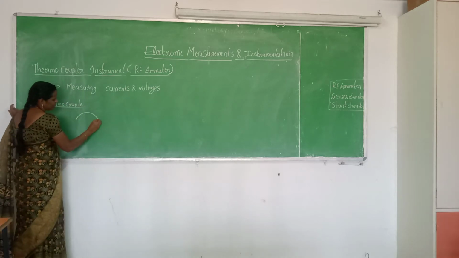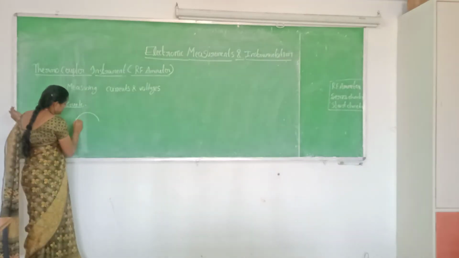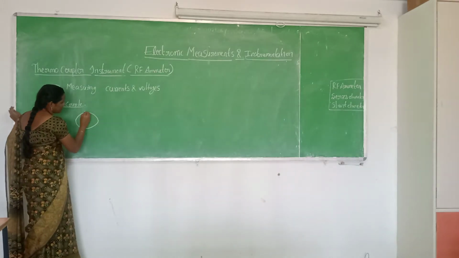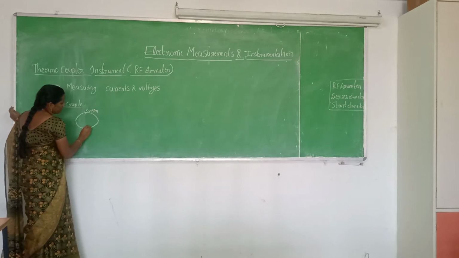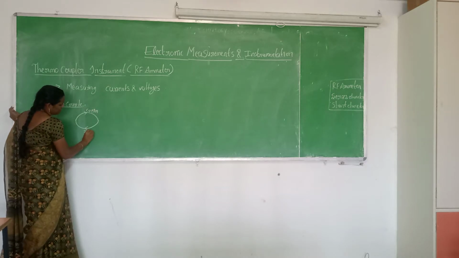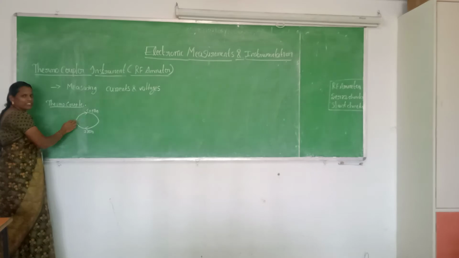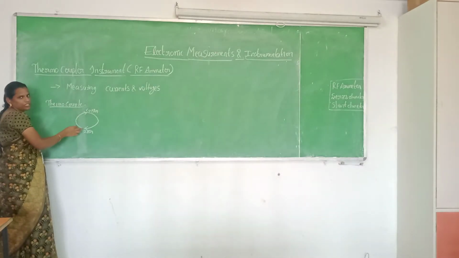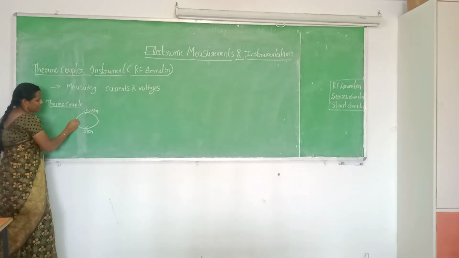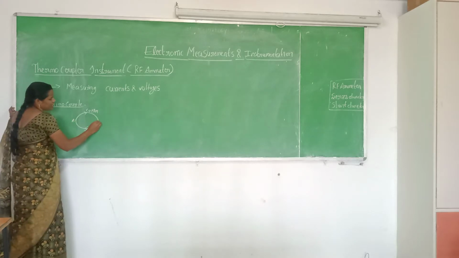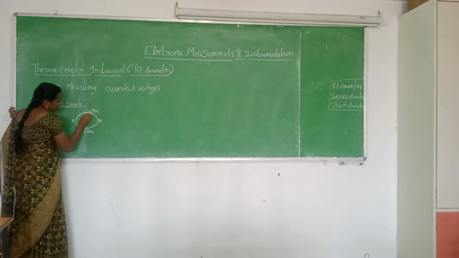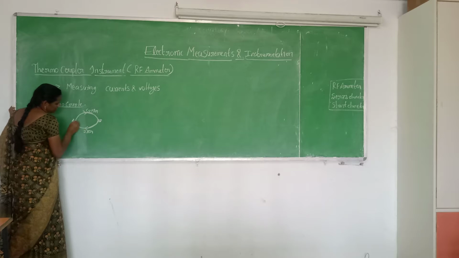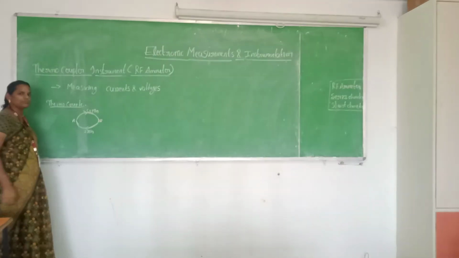This is one type of metal and this is another type of metal. Let this metal be copper and let this metal be iron. Here we have combined these two different metals. These are the two dissimilar metals which were joined together, and here it forms a junction A and here it forms a junction B.